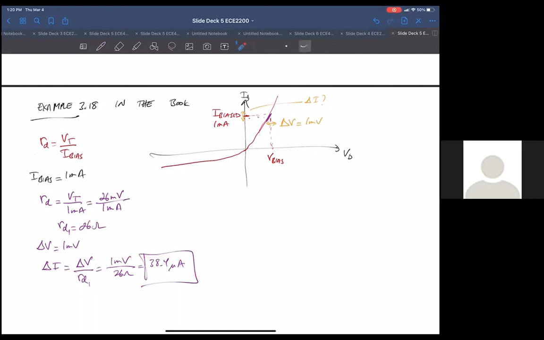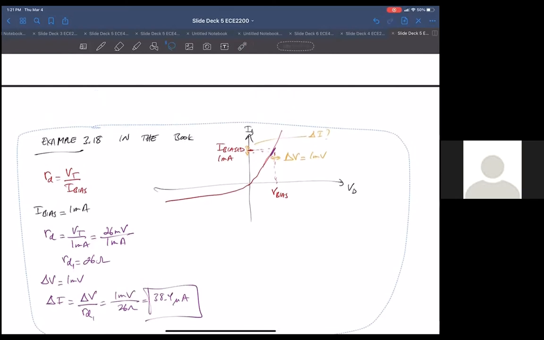Okay, let me just do another example, this example but with a different set of numbers, just to give you an illustration of what would happen if we now pick a different bias point. So let me move this down, give myself a little bit of room.